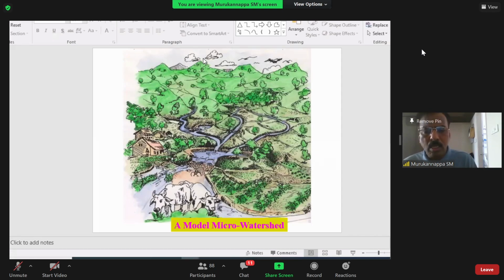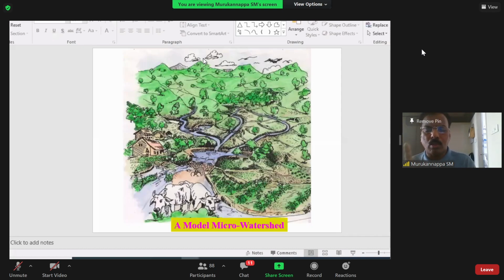If you take the maximum, you can take a whole district as a single area. So that is macro watersheds, micro watersheds, and also sub watersheds. We will discuss all this in future classes. So that is the concept I want to convey to you.